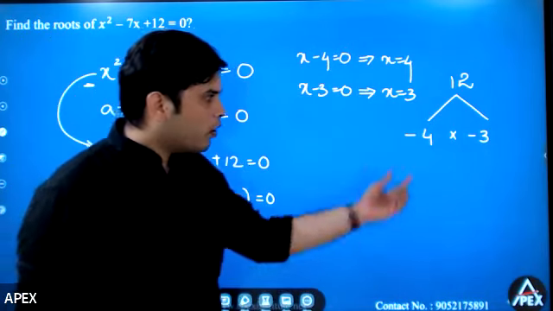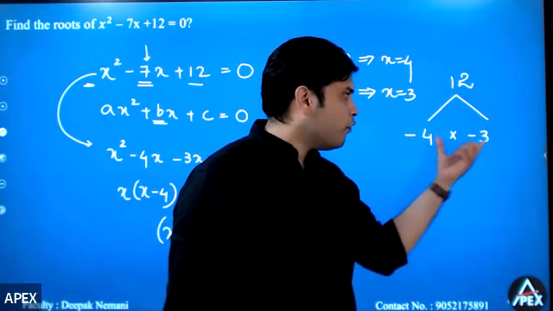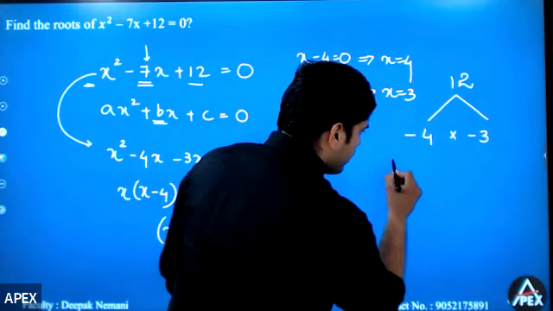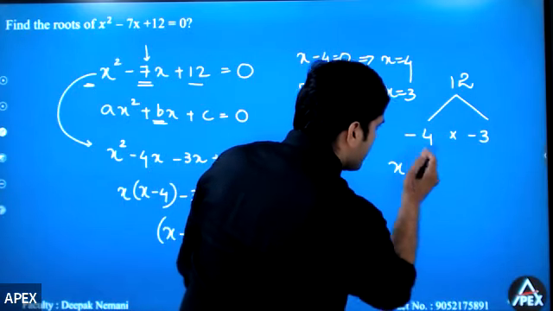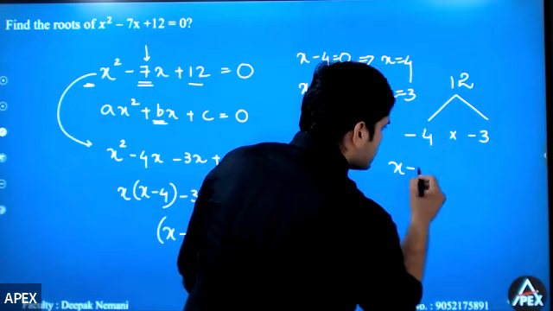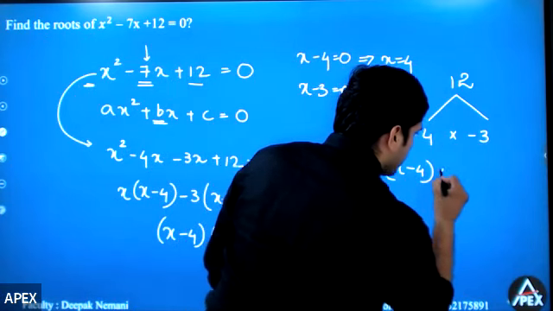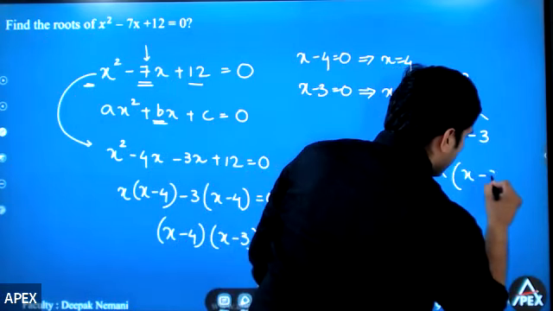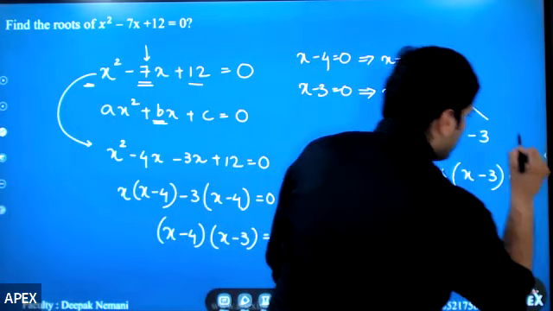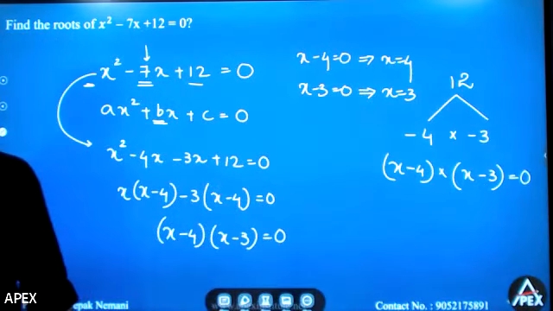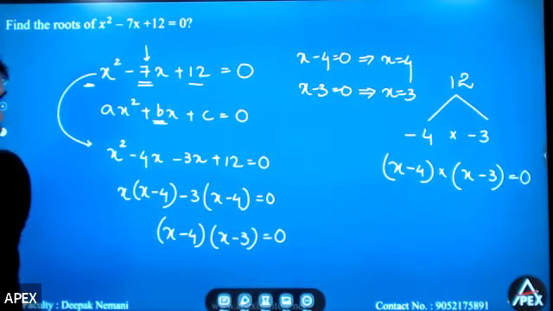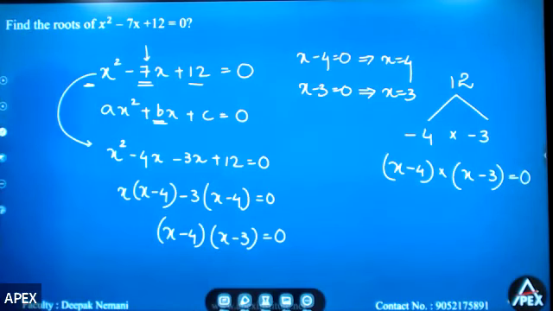Clear? Or if you end up with this minus 4 minus 3, I can rewrite this quadratic equation as x minus 4 into x minus 3 is equal to 0. Clear?